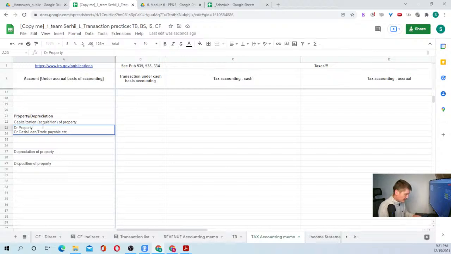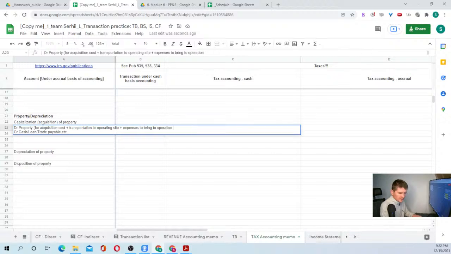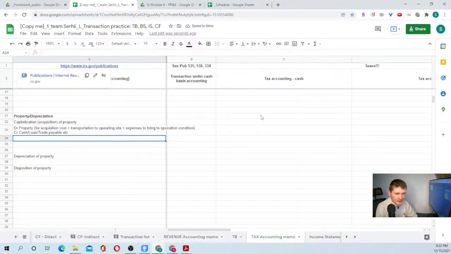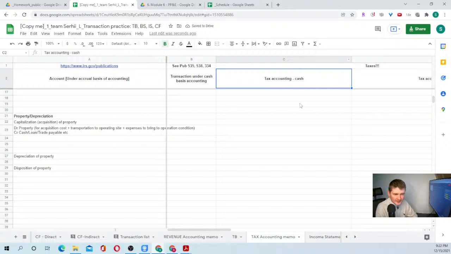And we debit property for the acquisition cost plus transportation to the operating site plus expenses to bring it to operating condition. And we have tax under cash basis here.